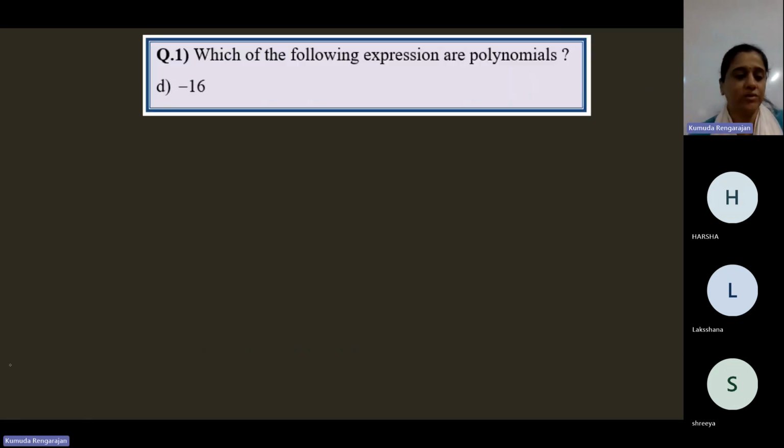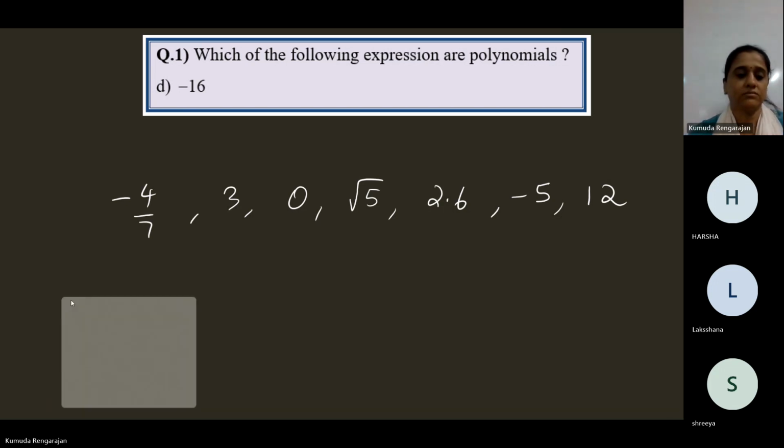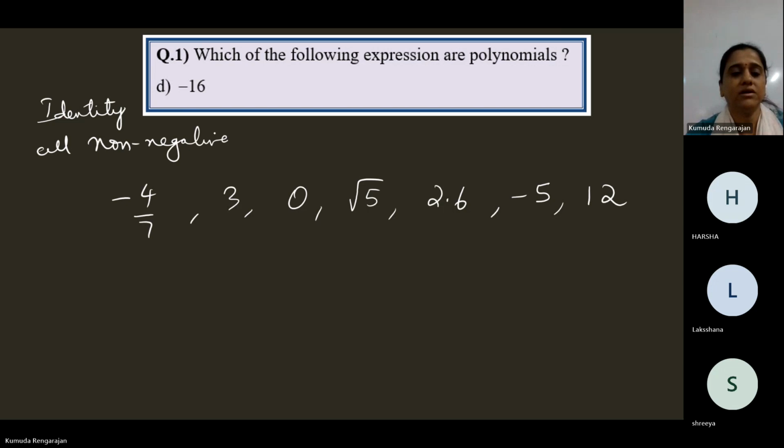Okay. Answer this one. Identify all non-negative integers.